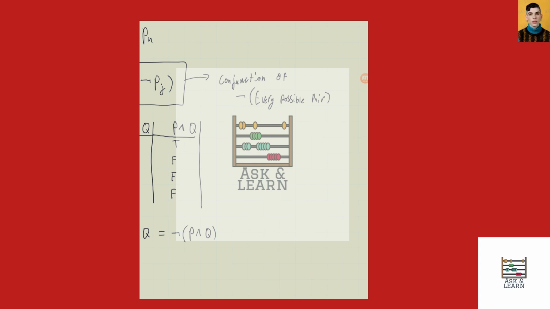So that tells us if no pairs can be simultaneously true, that tells us that there must be at most one true proposition.